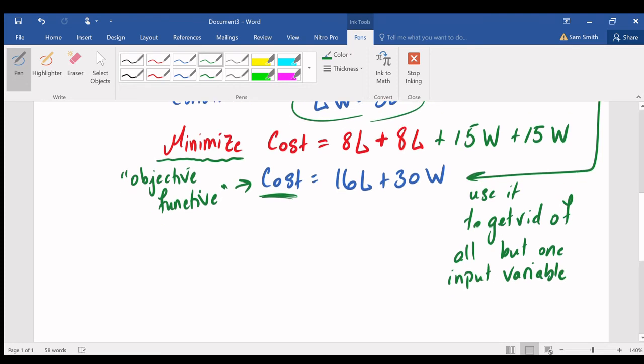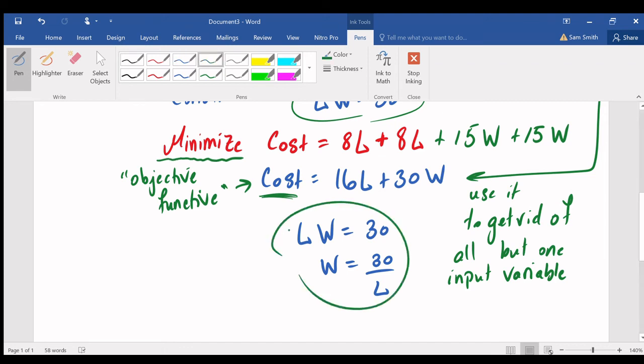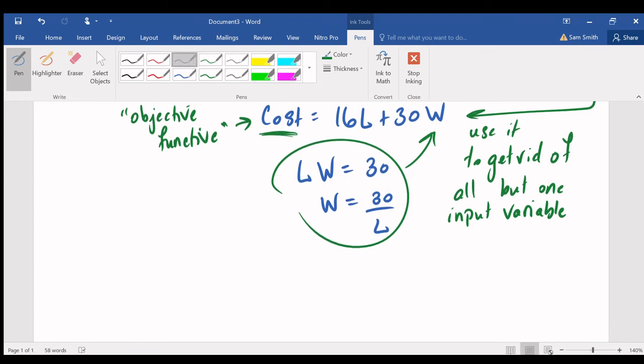And here's what that process looks like. We can take the constraint function, LW equals 30, and isolate one of those variables, W equals 30 over L. And we can substitute that into our objective function and find that cost is 16L plus 30, not times W anymore, but I can substitute 30 over L into W's place.